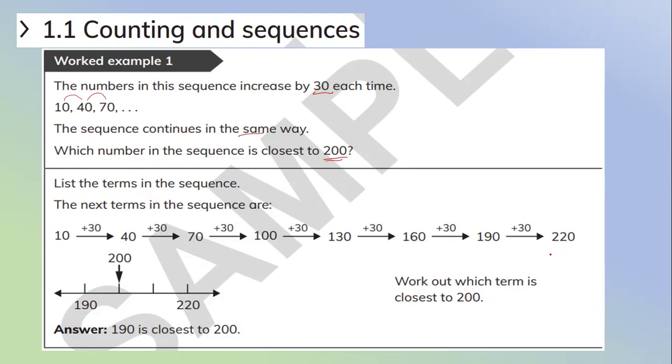So we have to look at 190 and 220. Which one is closest to 200? 190 and another 10 is 200, and another 20 is 220. So 190 is closest to 200. Okay, our answer is 190.